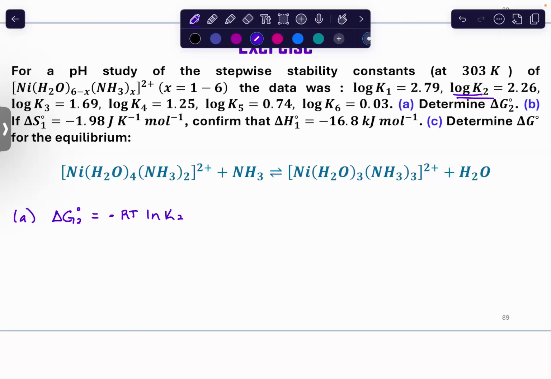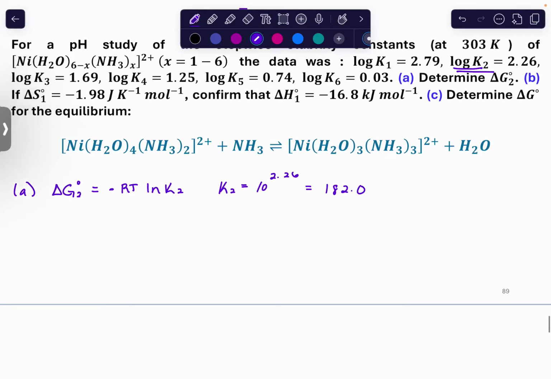Now what do we have? We have the log of K2. How do I get K2? 10 to the log of K2, in particular 2.26, which is going to give me 182.